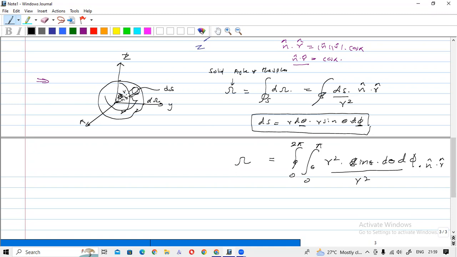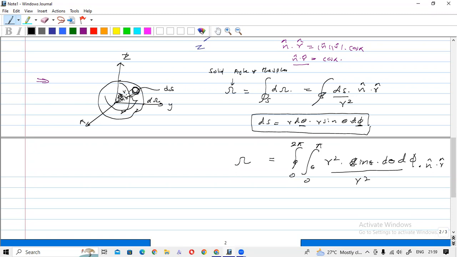Now you see that we have selected the perpendicular area. This is the r hat direction, and the perpendicular direction is the n hat.